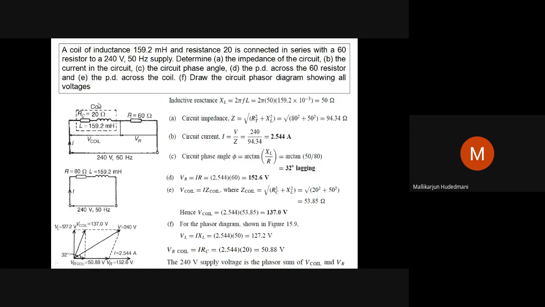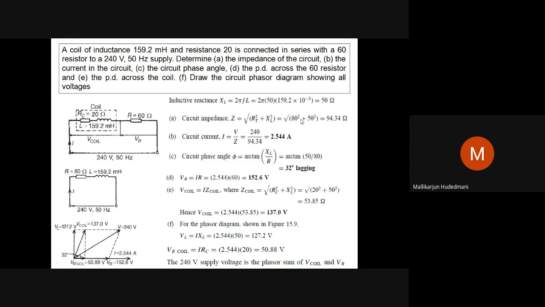Then what is the XL, the inductive reactance of this coil? 2 pi FL. So numerically, that stands as 2 pi FL equal to 50 ohm. Then the total impedance of the circuit: how many resistors are here now? A value of 60, a value of 20. 20 plus 60 is the total resistance, squared.